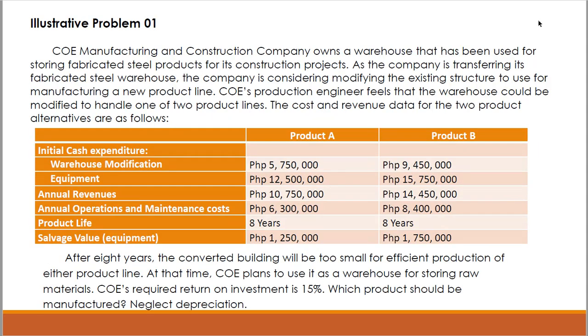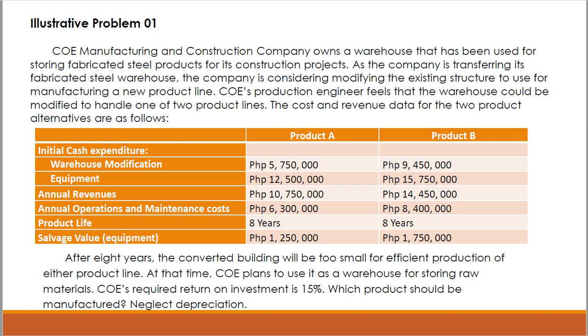Okay, so let's try to solve a problem to illustrate how we apply different methods in comparing or evaluating mutually exclusive alternatives under revenue projects. Let's solve problem number one. COE Manufacturing and Construction Company owns a warehouse that has been used for storing fabricated steel products for its construction projects.